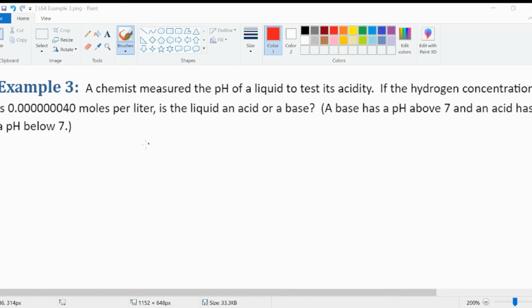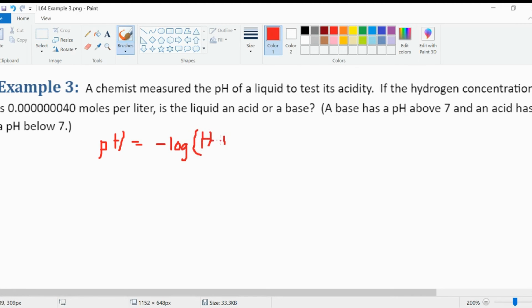Scientists use this formula to help them find the pH scale of certain liquids. The pH is equal to the negative log of the hydrogen concentration, and hydrogen concentration is expressed with H+.